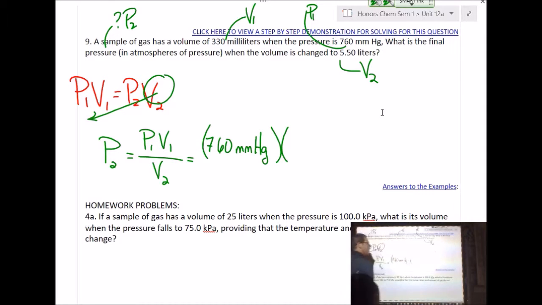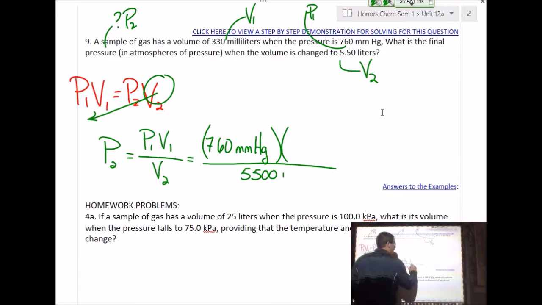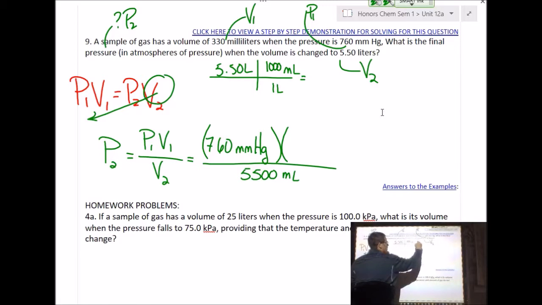Multiply 5.5 by 1,000. How many atmospheres are in 1 milliliter? I don't know, that's really small.